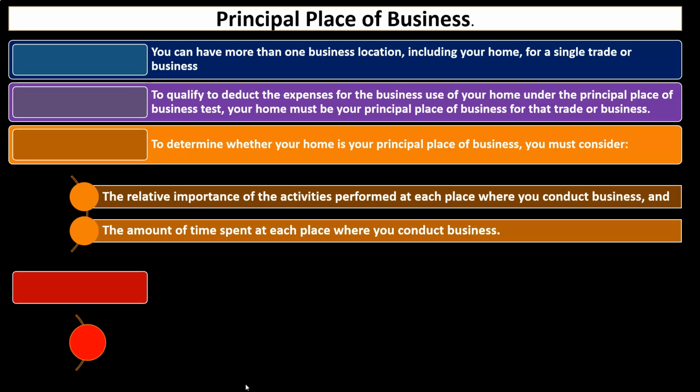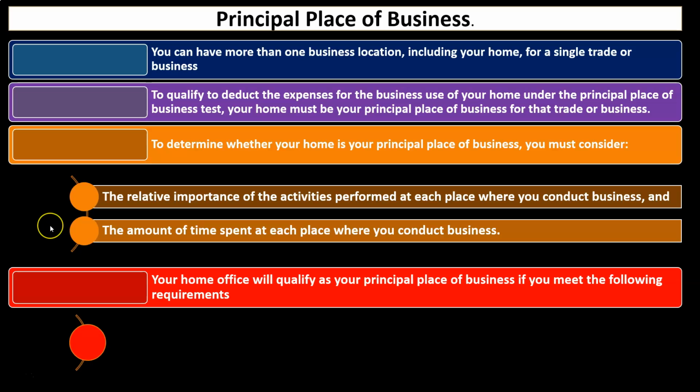Now, oftentimes, if you have a home business, you might be spending a lot of time elsewhere, but you might be doing some of the admin type of work, the managerial type of work, in the home office. So that might qualify, even though you have time being spent elsewhere, as the most important thing, where you're doing all the planning in the home office.